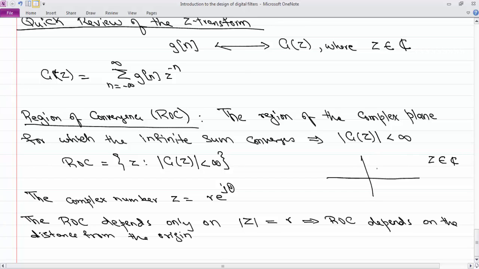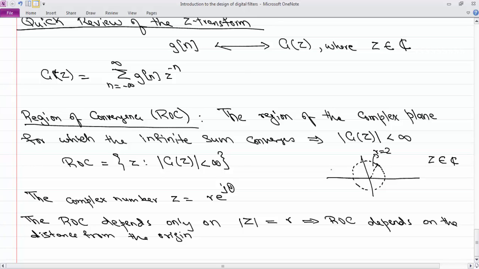If your g of z converges at this point, say r is equal to 2 here, then it doesn't matter where your z is, at any point away from the origin with r equal to 2, it will remain convergent because it only depends upon the distance from the origin.